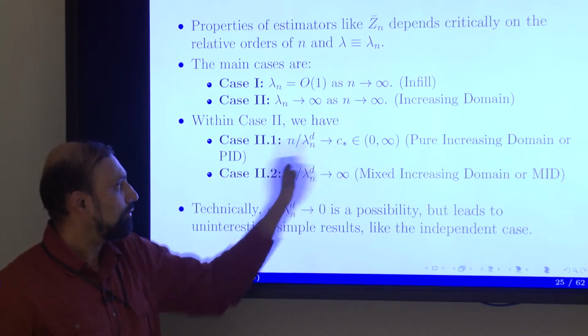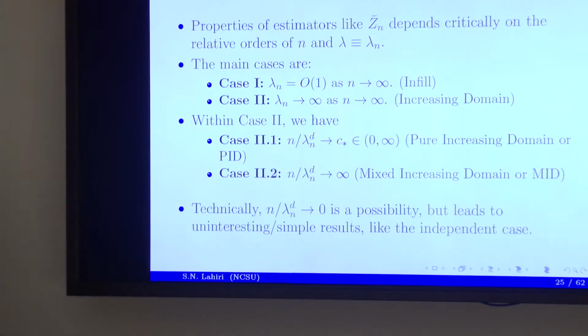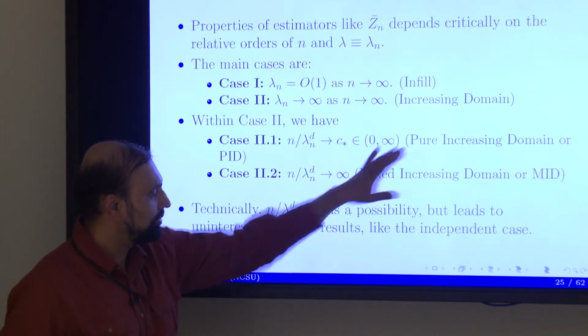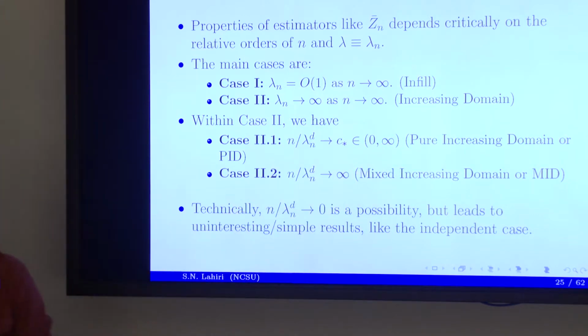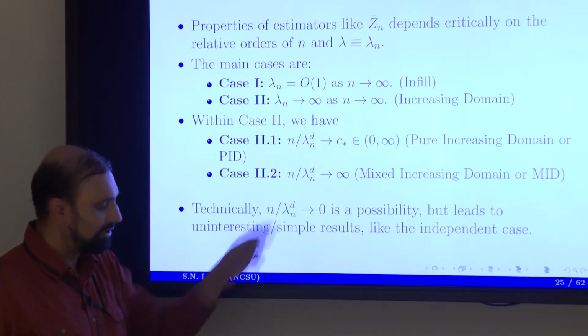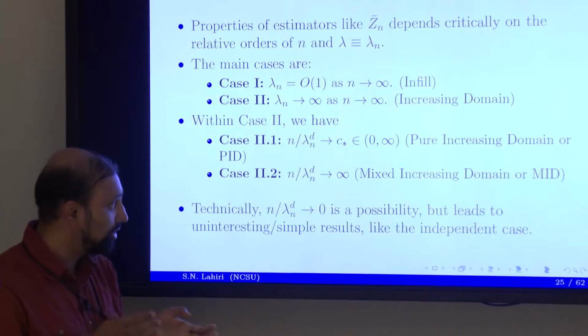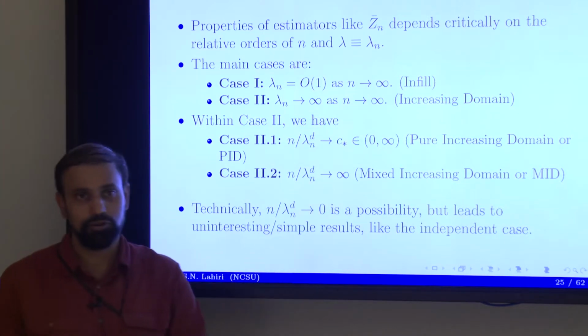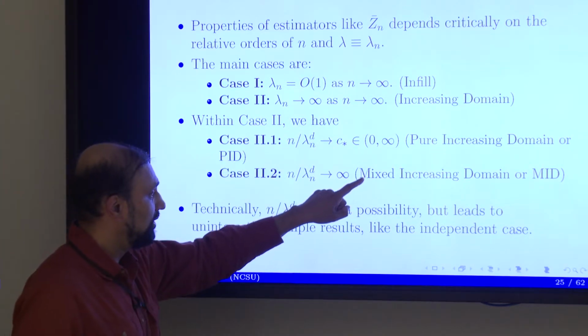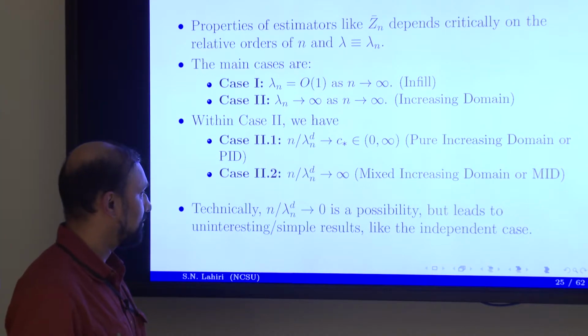So if that goes to a constant bigger than 0, less than infinity, this is what in spatial statistics people call PID, pure increasing domain asymptotic structure. And in the case where the average number of observations per unit interval goes to infinity, so you're taking many more observations per unit interval than in case 2.1, then you have mixed increasing domain asymptotic structure.